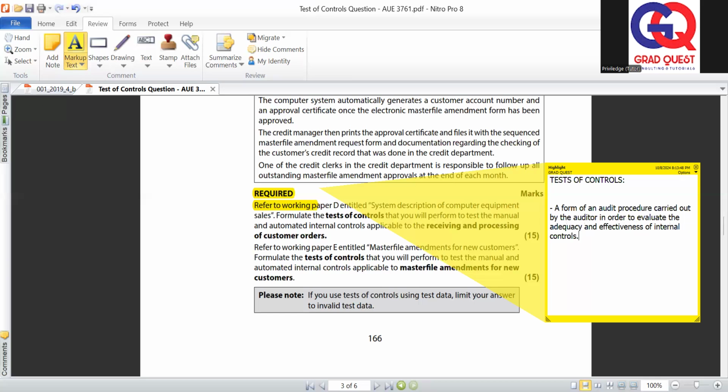Very important. So the reason behind test of controls is essentially an audit procedure carried out by auditors in order for them to evaluate as well as to test the adequacy and the effectiveness of internal controls in an organization.